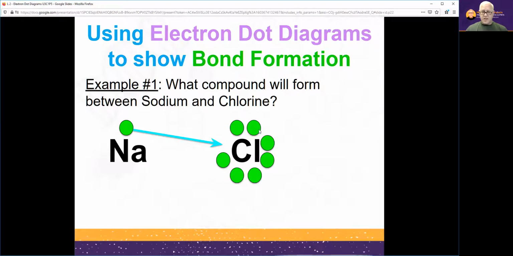So you start in a clockwise motion with the first electron on chlorine, the second, the third, the fourth, fifth, sixth, and seventh. So you have that space available. And so the chemical formula for this is going to be NaCl. There's no subscripts needed because we only have one sodium and one chlorine. Pretty easy, isn't it?